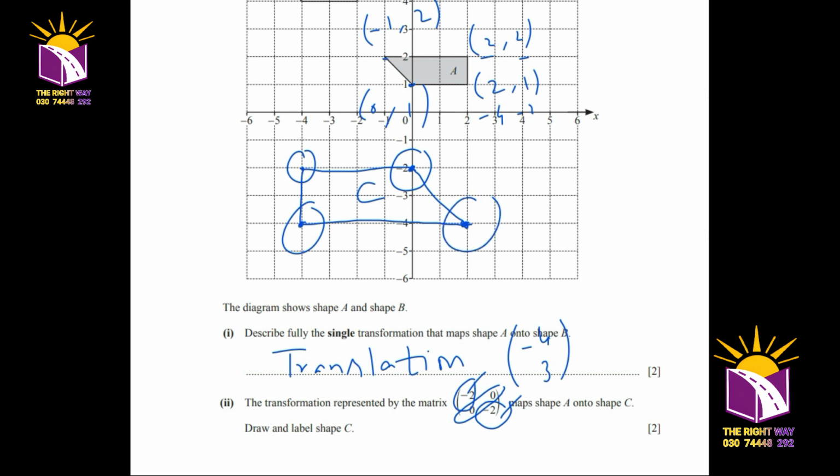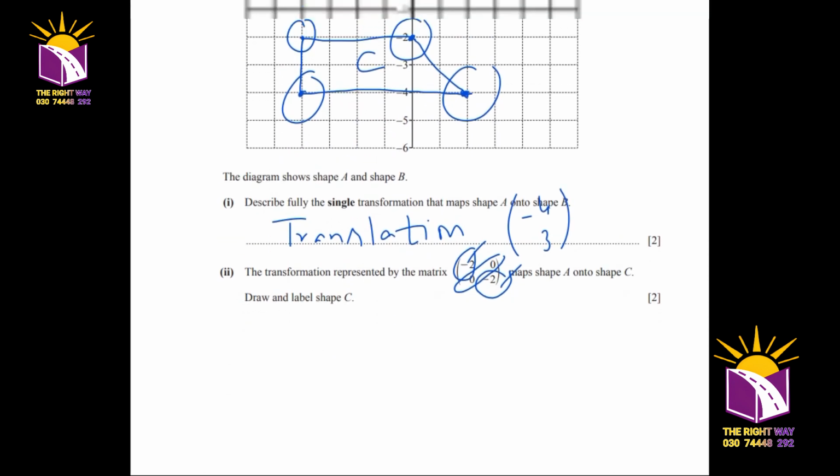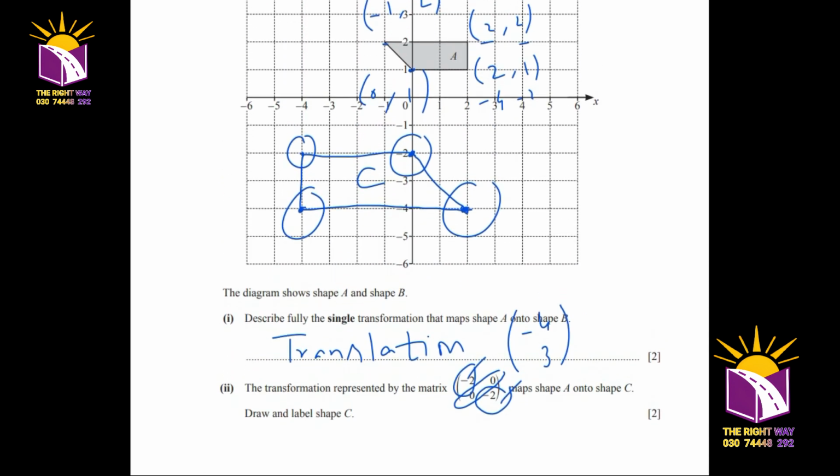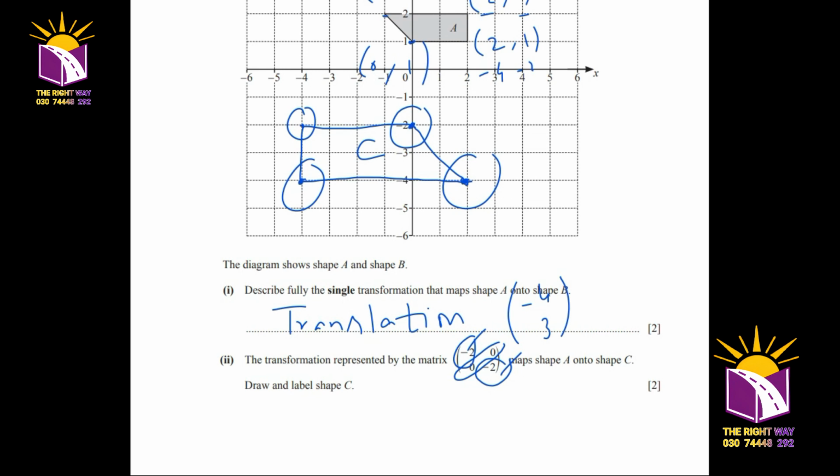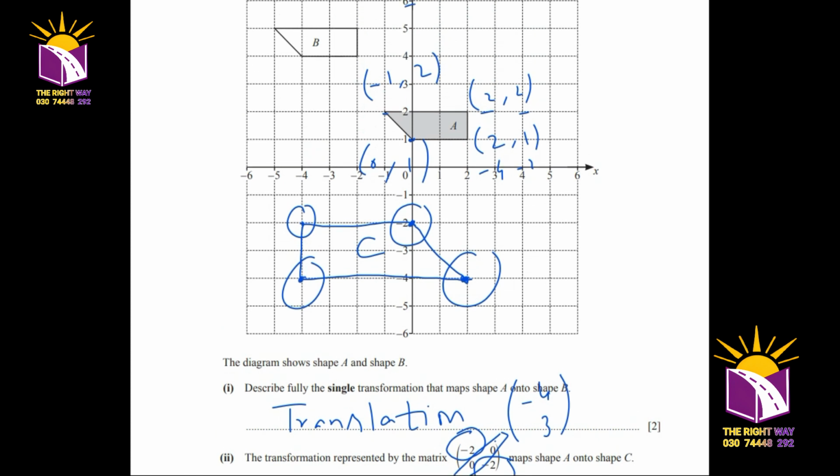This is your shape C. What you have done here is multiply your values with minus 2 and minus 2, for x minus 2 and for y minus 2. Your center of rotation is 0, 0. The x-axis is multiplied with minus 2, the y-axis also with minus 2. All values are multiplied with minus 2, and after those 4 points, you will get your desired diagram, which is C.